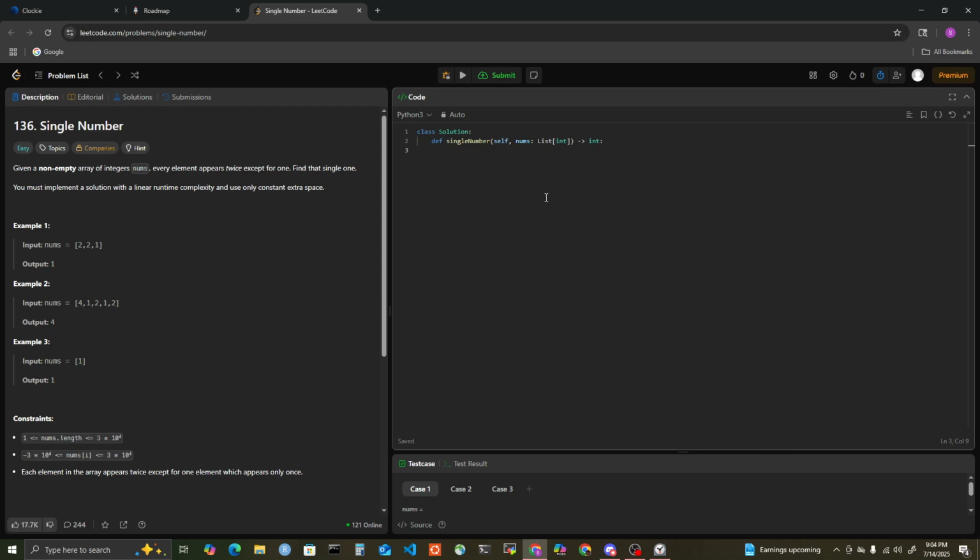So this would basically be: solution equals 0, for element in nums, solution equals solution AND element, and then return solution.